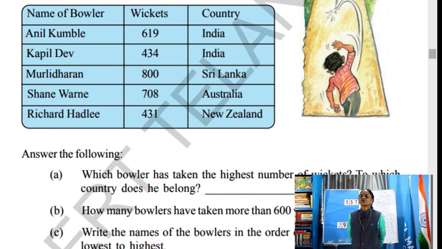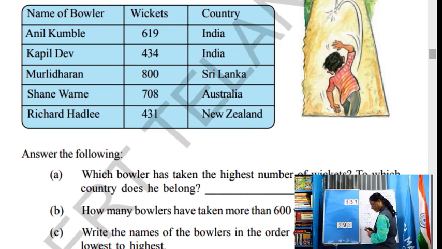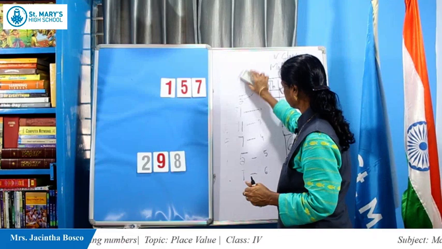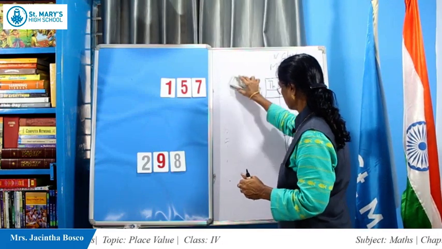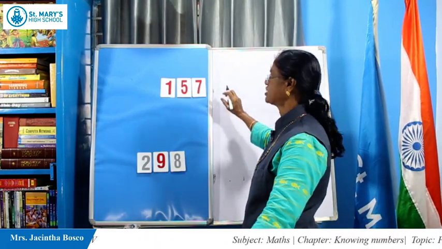Muralidharan has taken 800, the highest number of wickets. Okay. And shall I write it? Muralidharan. See the question there, which bowler?